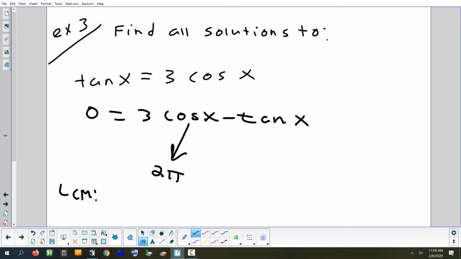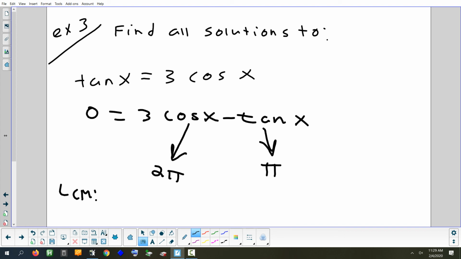That's why the period of cosine is 2 pi. We probably already knew that. What about tangent? Is that an even or an odd power? That's odd. What's your formula for tangent to an odd power? Yep. Pi over b. And what's b in this case? Let's just divide by 1, so we don't even need it. We just did that in the last problem.